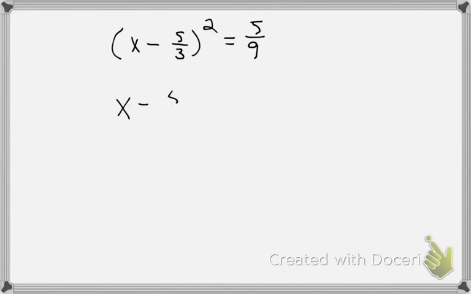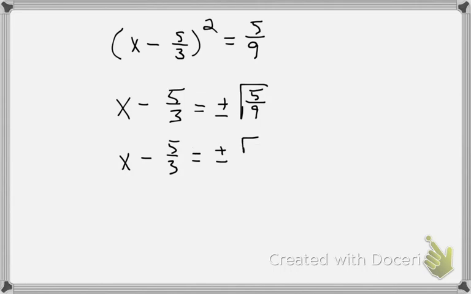So x minus 5/3 should equal plus or minus square root of 5/9. Square root of 9 simplifies to just 3. So we can write x minus 5/3 equals plus or minus square root of 5 over 3.